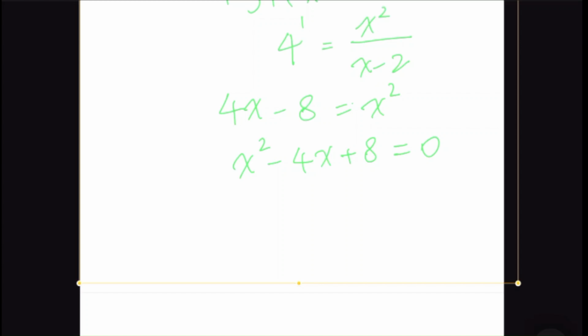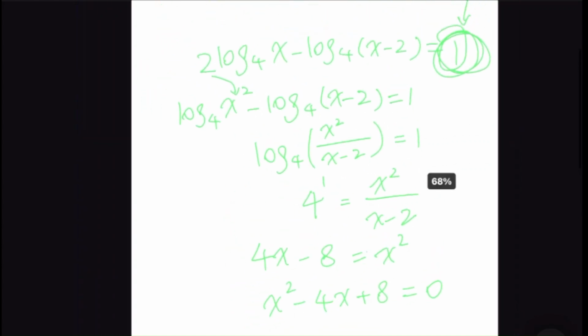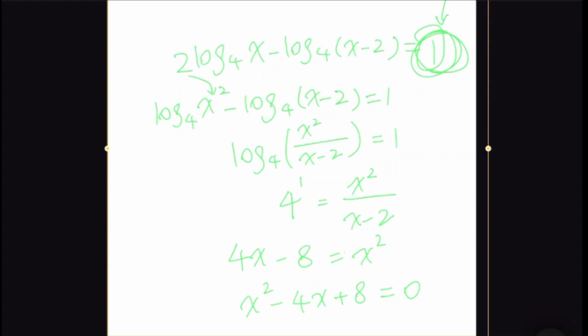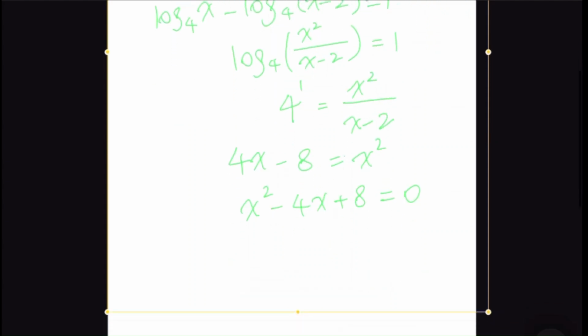Yep, great job, guys. Wait, go back. I'll zoom out a bit. The chat is doing great now. The cool thing is the discriminant is equal to negative 16, less than 0, so no solutions. That was the trick.